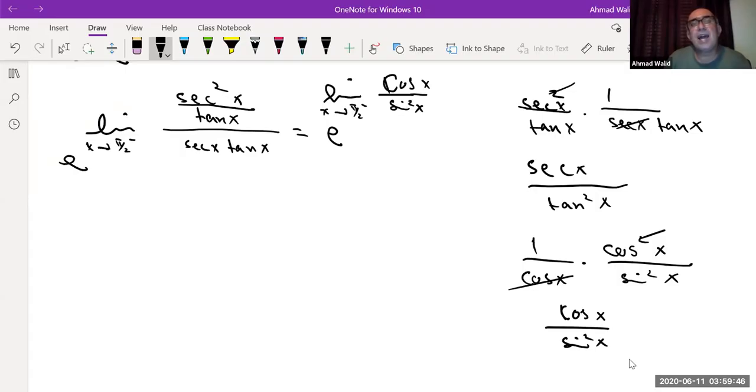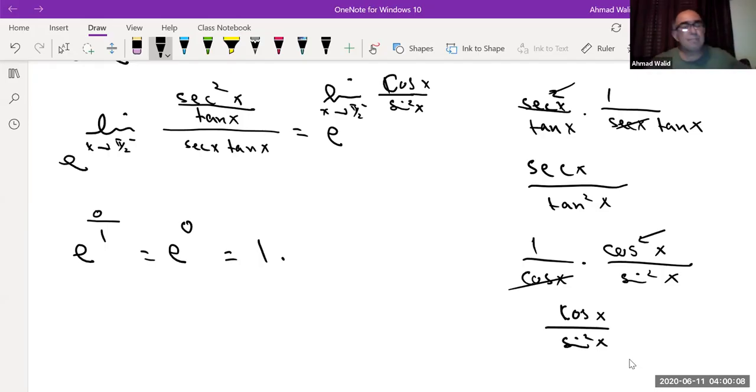Now, if you plug in pi over 2 here, you end up with e to the power of cosine of pi over 2, which gives you 0, over sine of pi over 2, which gives you 1, 1 squared is 1. It means you end up with e to the 0, which is what? 1.